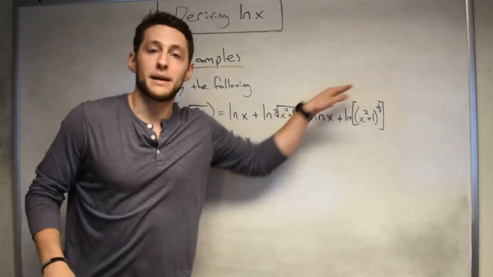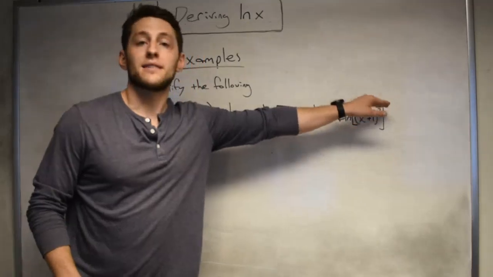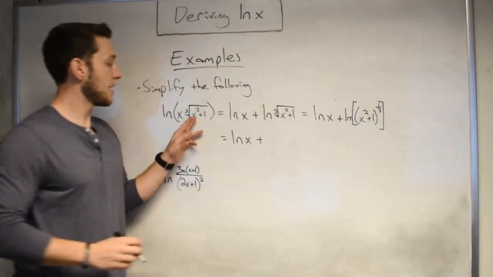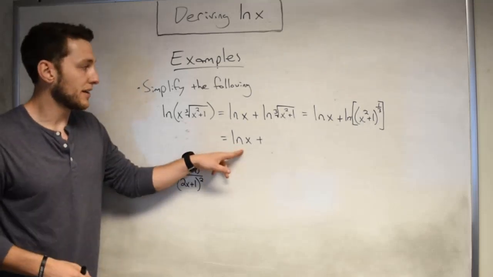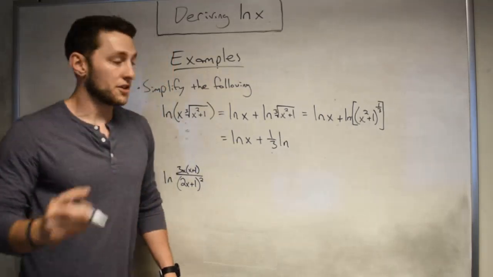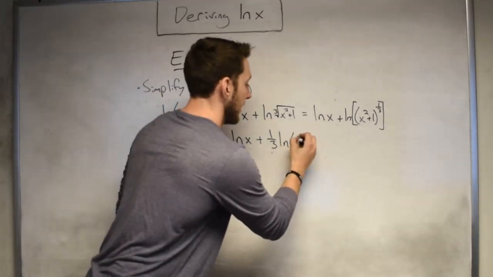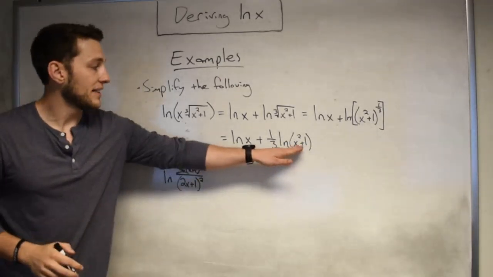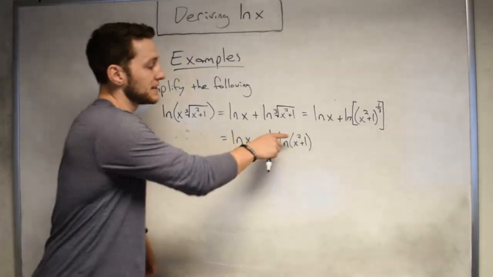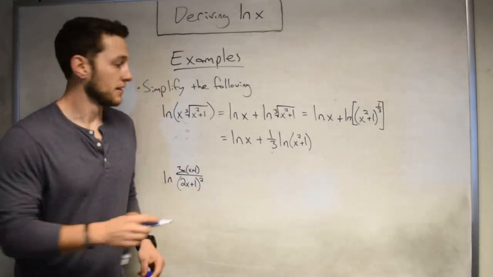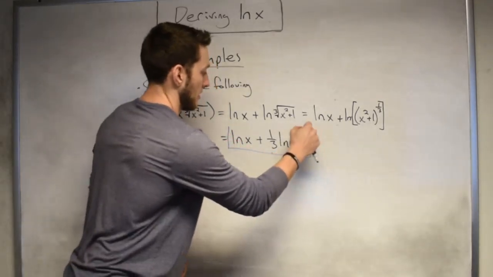I can bring down that power. Power on the inside is multiplication on the outside, leading me to say, this simplifies to natural log of x plus, bring down the 1/3, 1/3 natural log of x squared plus 1. We cannot simplify that x squared anymore because there's a 1 attached to it on the inside. And addition on the inside does not simplify to anything. So this would be my final answer.